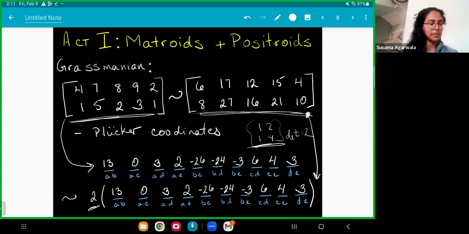So all I'm doing is stretching all of the 2 by 2 minors by 2. And so my Plücker coordinates, what I want to think about them as is vectors, but up to a scaling. So 1, 1, 1 is the same thing as 2, 2, 2 is the same thing as -1, -1, -1, etc.